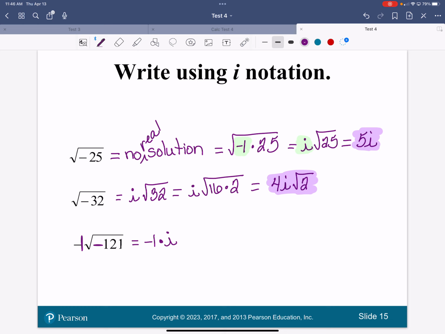So then I have -1 times i times the square root of 121. Actually, 121 is a perfect square. Anybody know what it is? 11. Good. So then I'm going to have -1 times i times 11, and so my final answer is -11i.